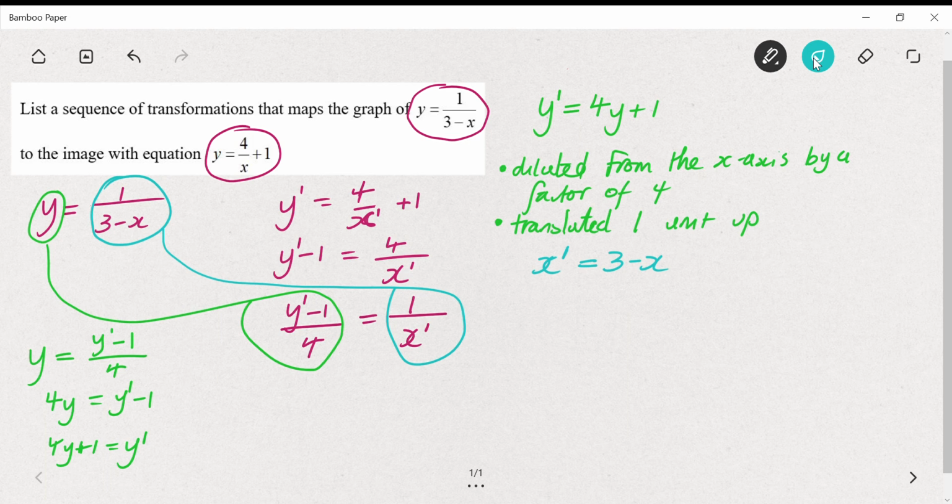How did you get x prime? Well, first I would say it says minus x, so that means that's a reflection in the y-axis. And then we've got plus 3 happening here. So that's a translation 3 units to the right.